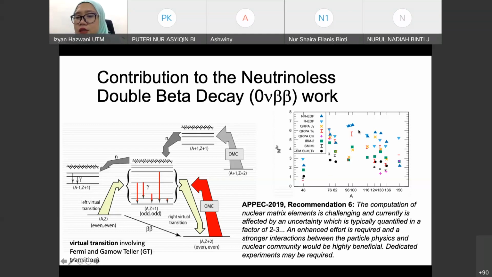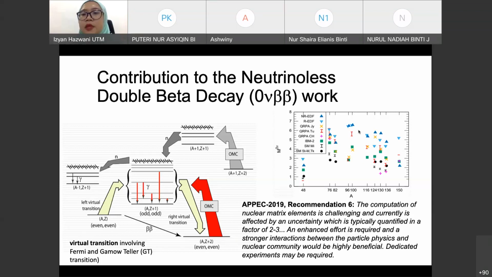All of these are nuclei that have a very good Q value, compatible for the double beta decay reaction. As I was saying, most nuclei are probable to undergo double beta decay, but these are the nuclei that have a good Q value.